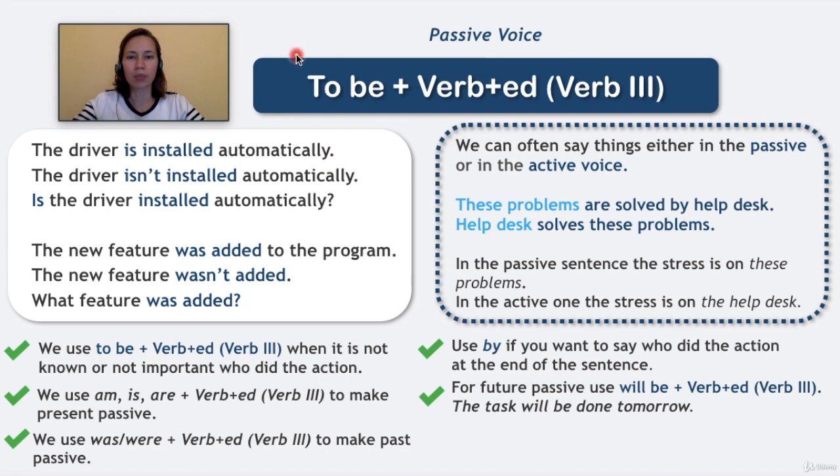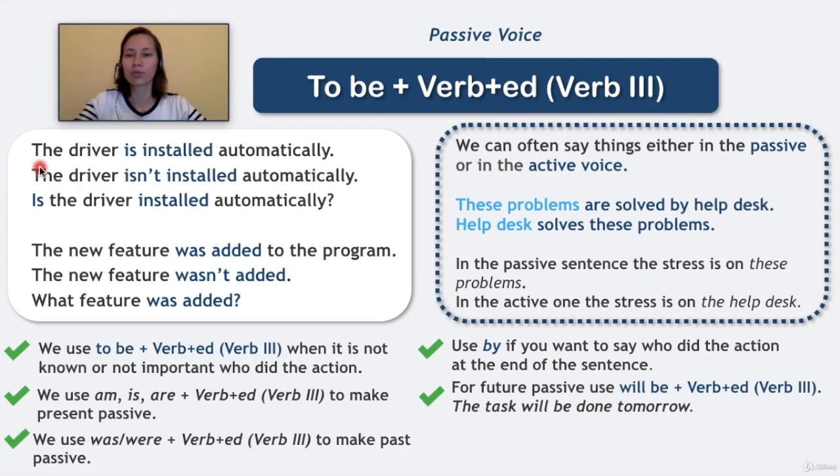You form it with the help of the verb to be, which is changed into am, is, are in the present simple, or was, were in the past simple. And you can use it in the future simple. In this case, you just add will, and you have will be for future. And no matter what tense you use, the main verb is always going to be with the ending -ed, or if it's an irregular verb, you will use the third column, the third form of this verb.